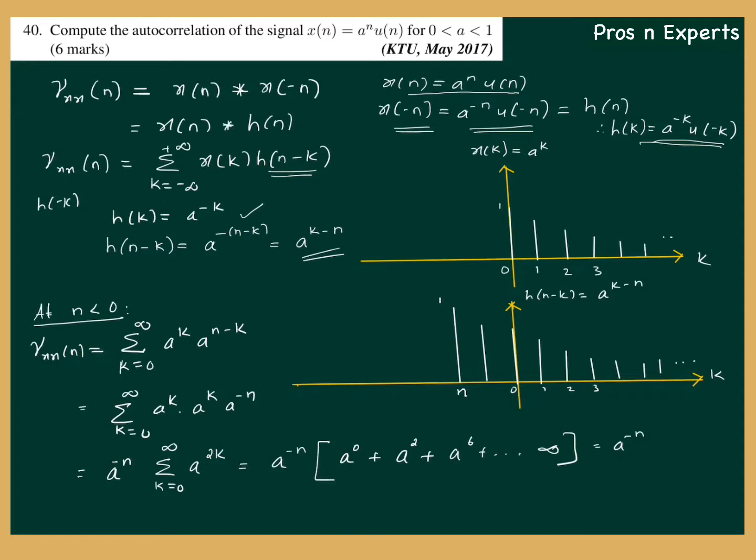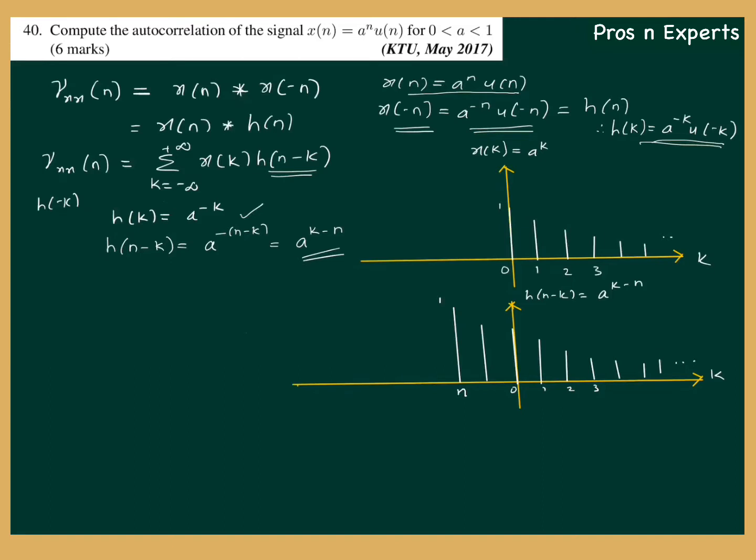We use the expression a by 1 minus r, and since a is less than 1, a square is also less than 1, so it is safe to use that expression. So 1 by 1 minus a square. Therefore gamma xx of n is equal to a raised to minus n by 1 minus a square for the interval n less than 0. Okay, this is the first case.